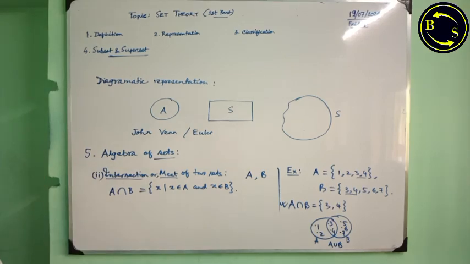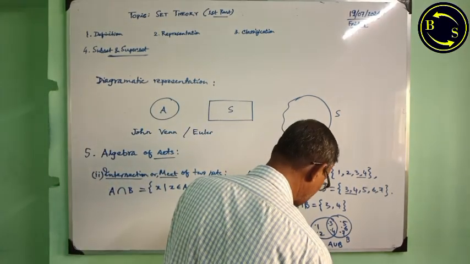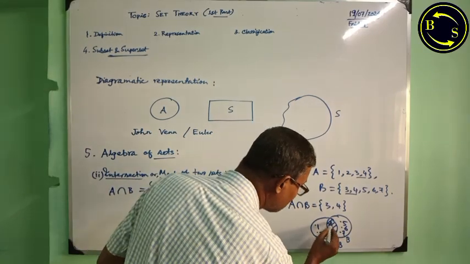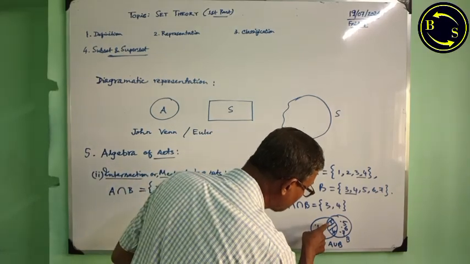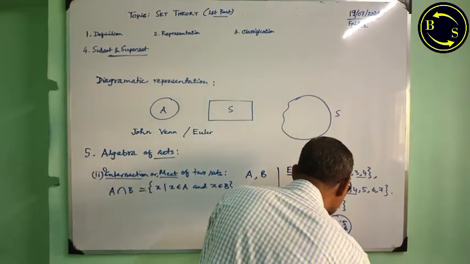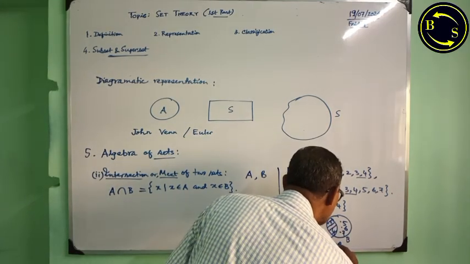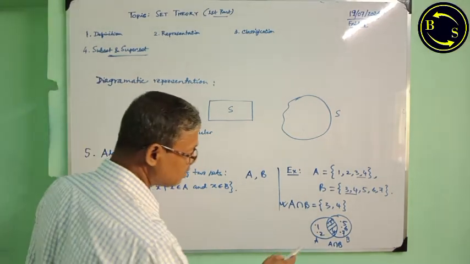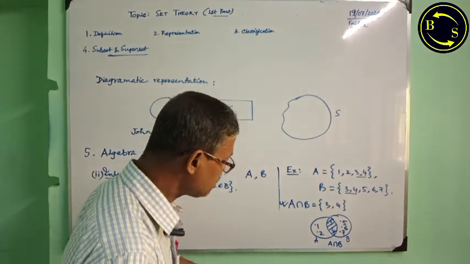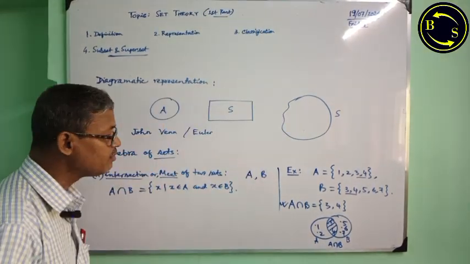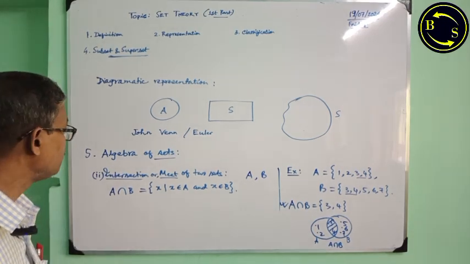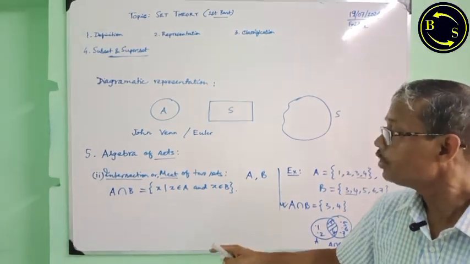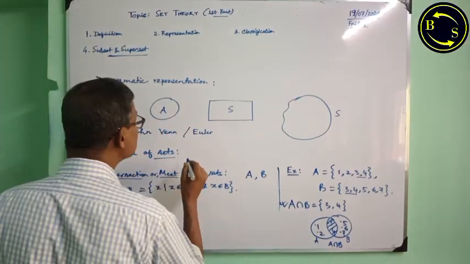Now if we represent that by a Venn diagram, then this part which contains the members 3 and 4 is the intersection of the two sets, A intersection B. This shaded part having the members 3, 4 is the intersection of the two sets A and B. Thus we have discussed two operations, actually we call them operations of sets, algebra of sets.